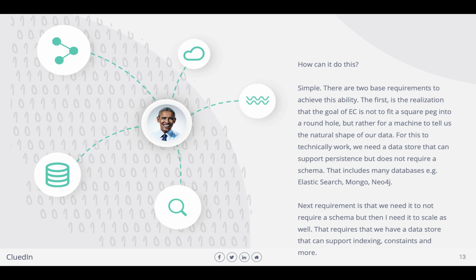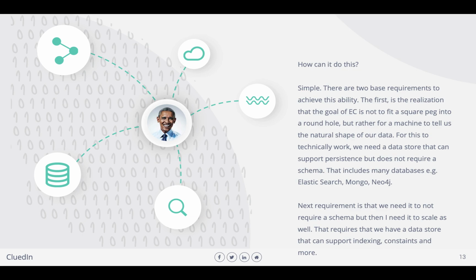For this to technically work, we need to rely on technology that has certain requirements. One of those is we need a database that can support persistence, but not require an upfront schema. Why? Because we don't know what the schema will be upfront.